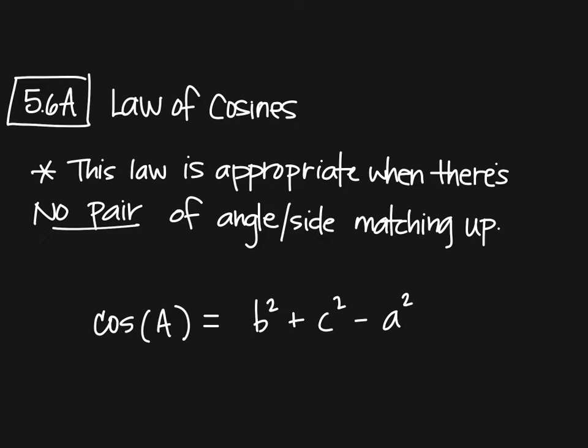The subtraction is always the lowercase letter of the capital that's in the cosine on the other side. Then there is a division, so we can cross multiply, and it's 2bc.